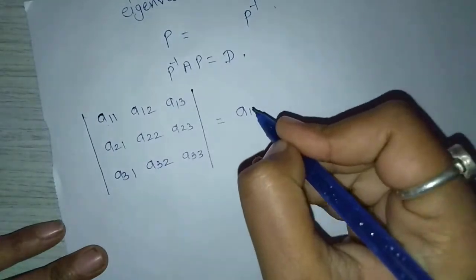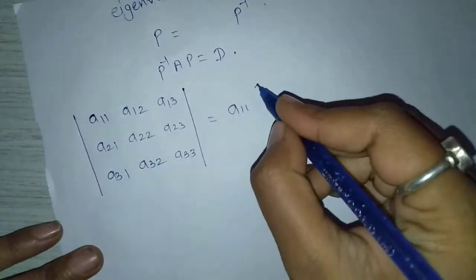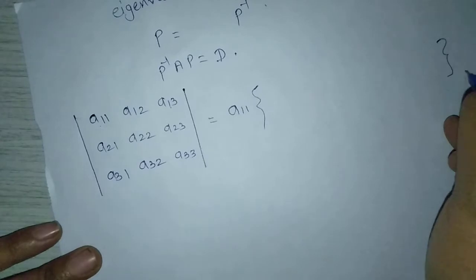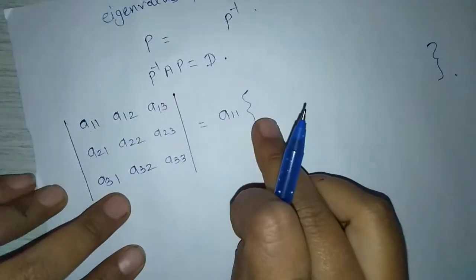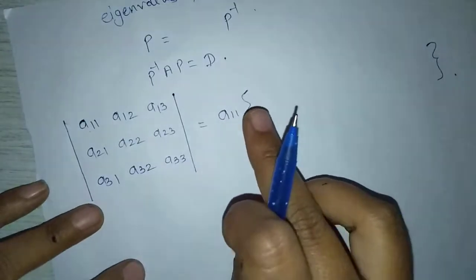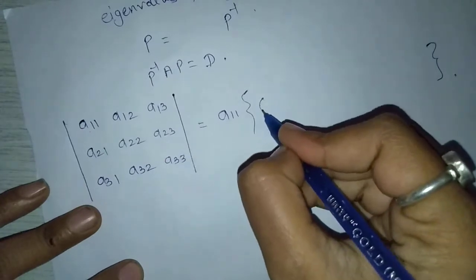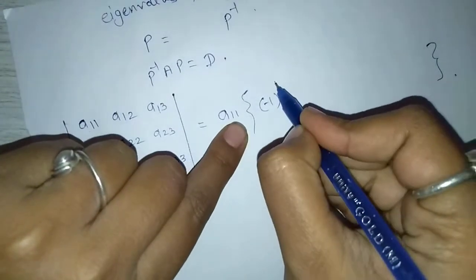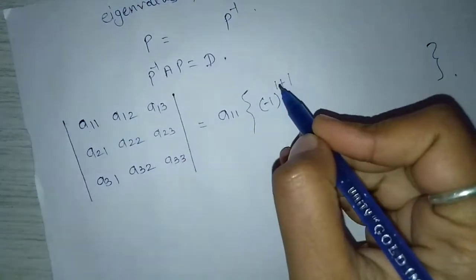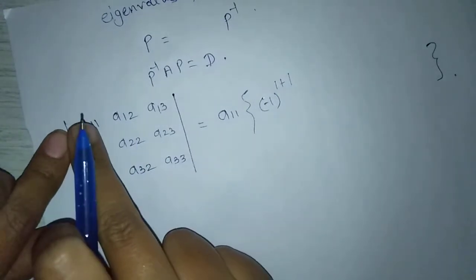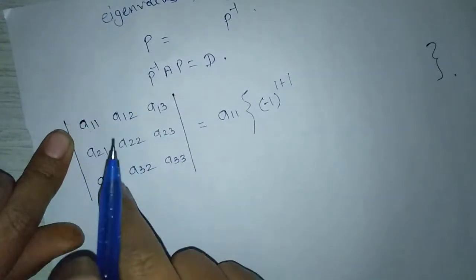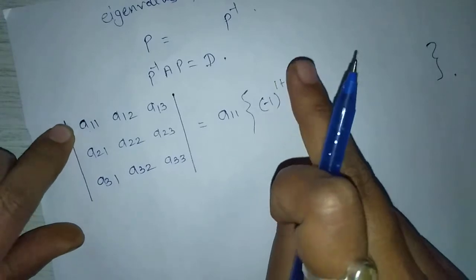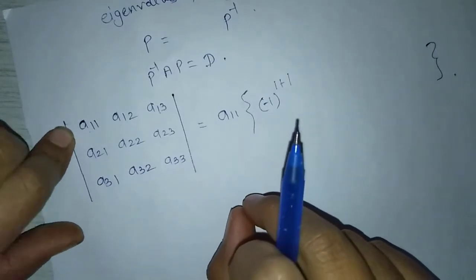A11 will be multiplied by something. This something is very important. For A11, for the sign, take -1 raised to 1 plus 1, as A11 lies in the first row and first column.